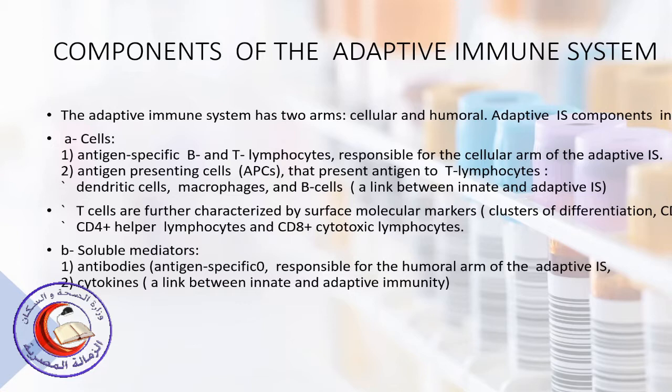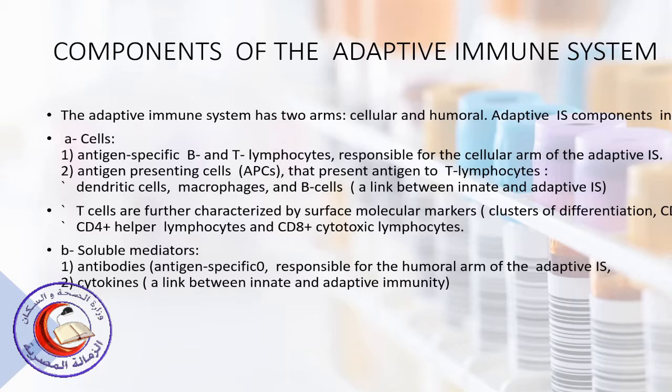Then there are the antigen-presenting cells, short APC, that present antigen to T lymphocytes, because as we mentioned, while B cells can recognize their antigen and bind it directly, T cells require that the antigen be presented to them by a major histocompatibility complex molecule on the surface of an antigen-presenting cell.